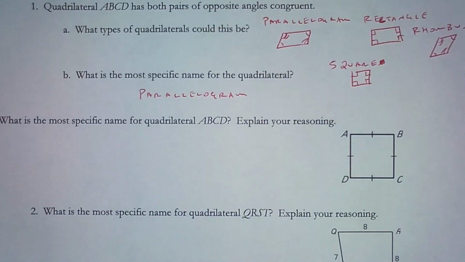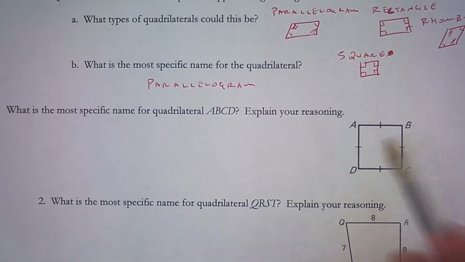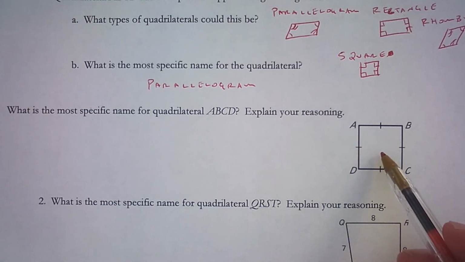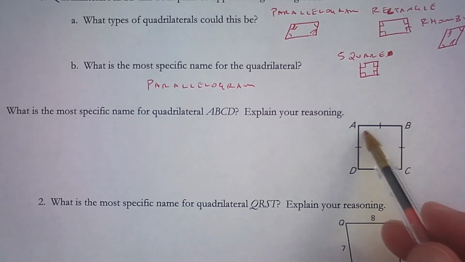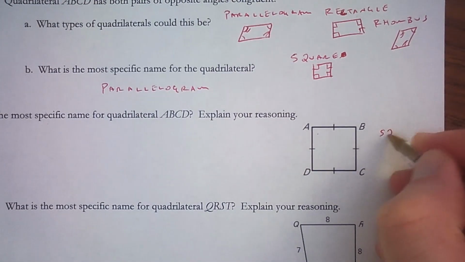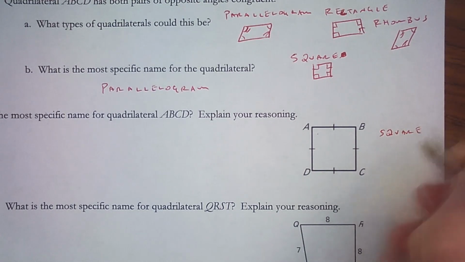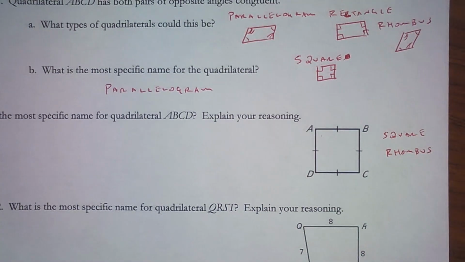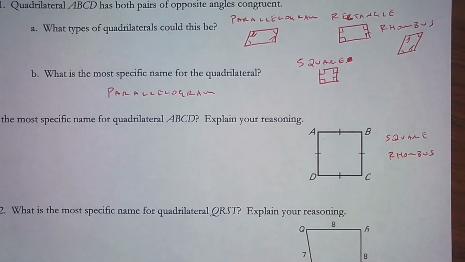What is the most specific name for this quadrilateral right here, ABCD? All four sides are the same, which means it could be a square, could be a rhombus. Okay, both of those have all sides congruent.